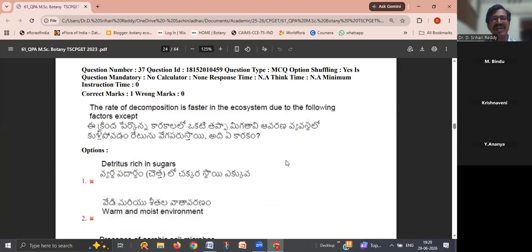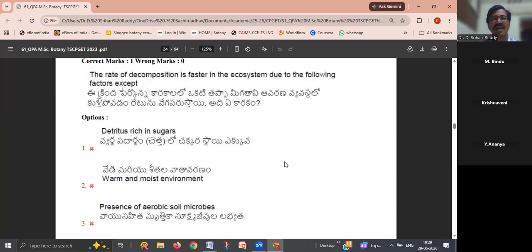Next, the rate of decomposition is faster in the ecosystem due to the following factors, except. You should understand that except means not that one. Where detritus is rich in sugars, decomposition occurs very fast because microorganisms like sugars very much.